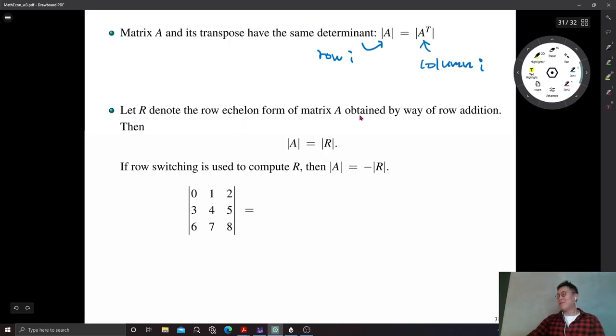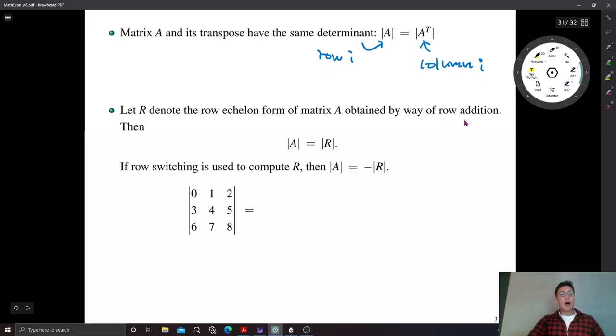And remember the row echelon form transformation. We studied three types of elementary row operations: row addition, row switching, and row multiplication.